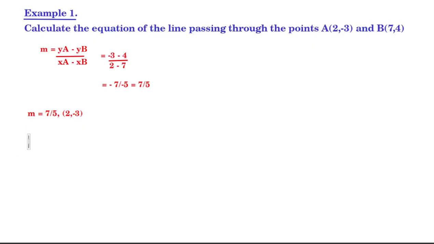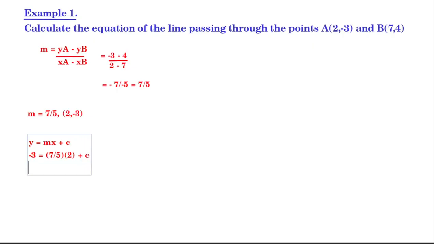The first method is by substituting directly into the general equation, y = mx + c. Let's substitute the value of y. We have -3 equals the gradient, 7 over 5, times x, which is 2, plus c.